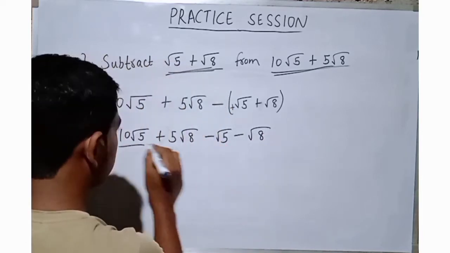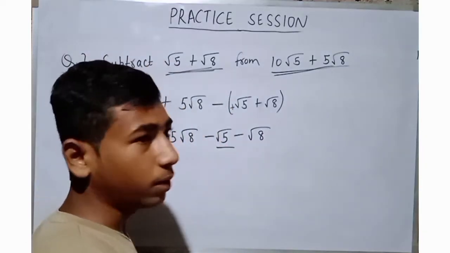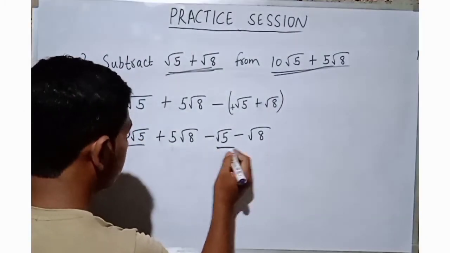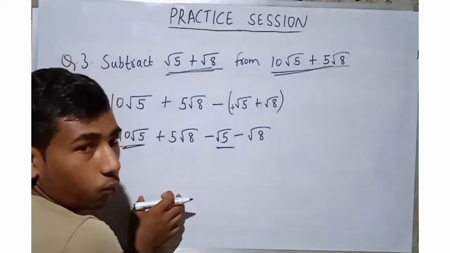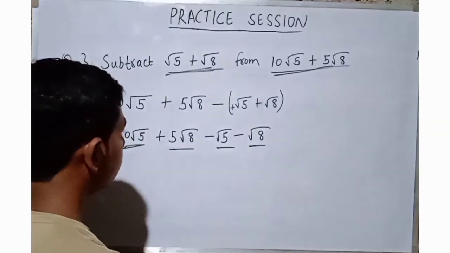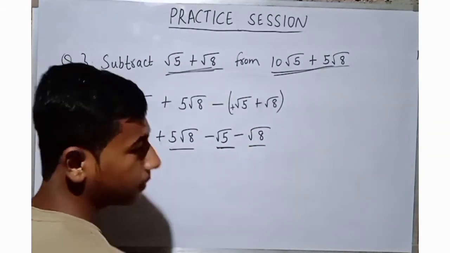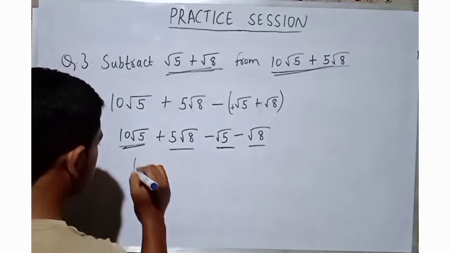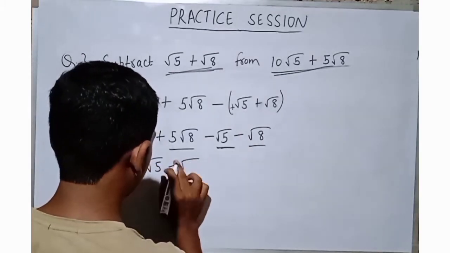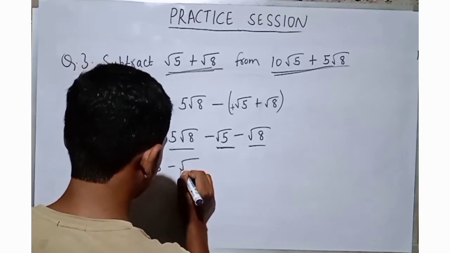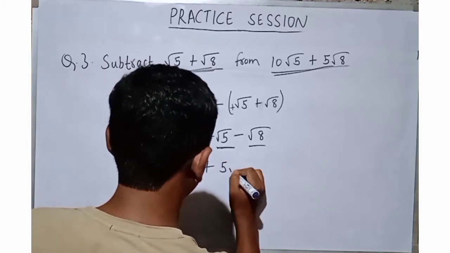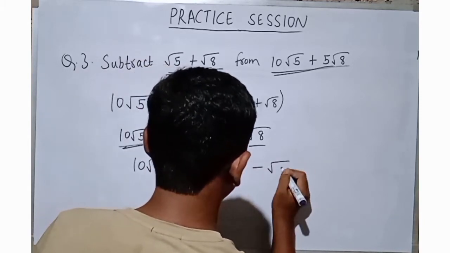These terms are combined together. You have to arrange the terms in such a way that you can take common factors. So it will be 10 root 5 minus root 5, and here it is plus 5 root 8 minus root 8.